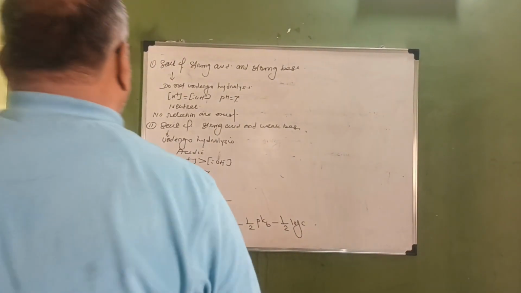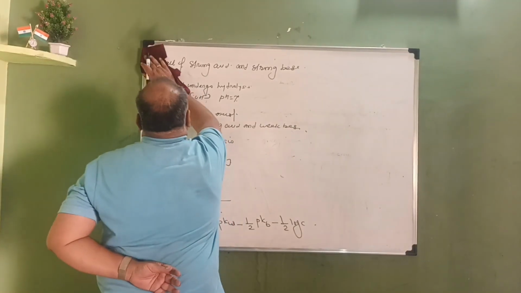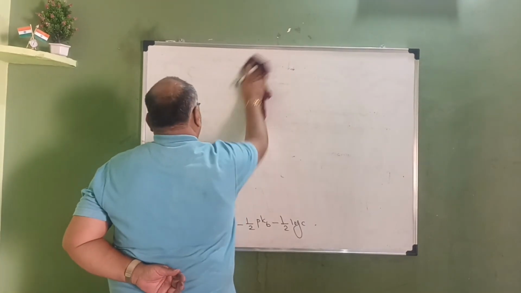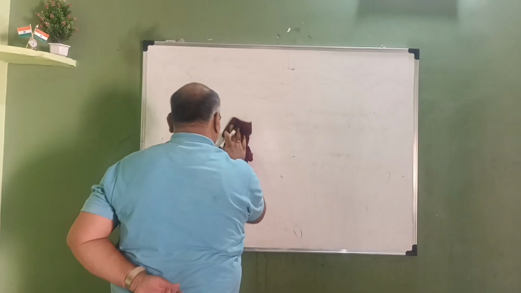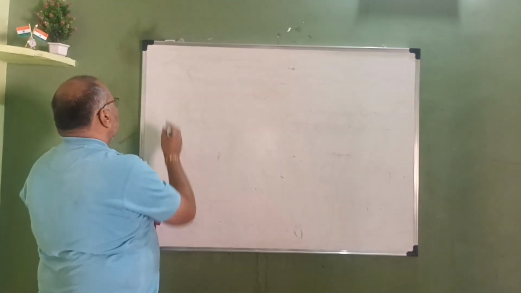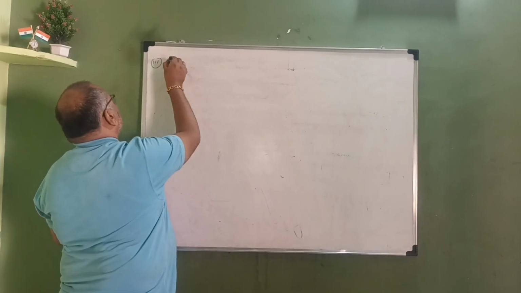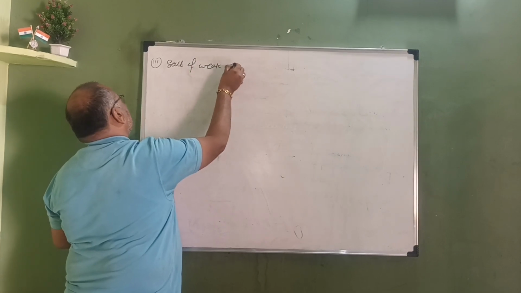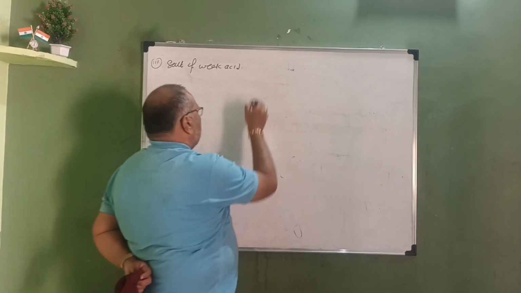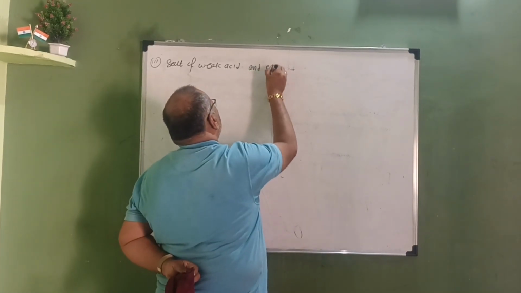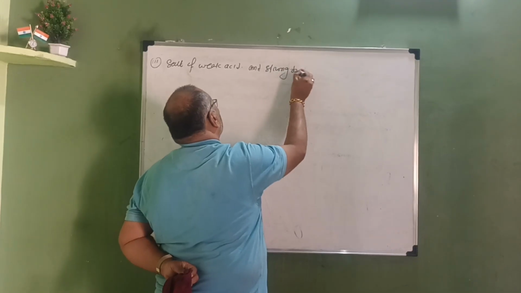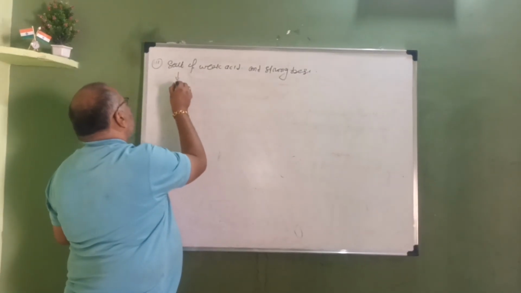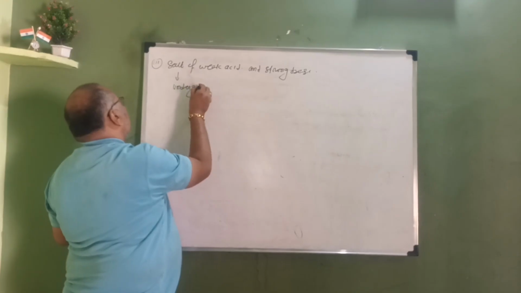Then write down third salt. Salt of weak acid and strong base. Now this salt also undergoes hydrolysis.